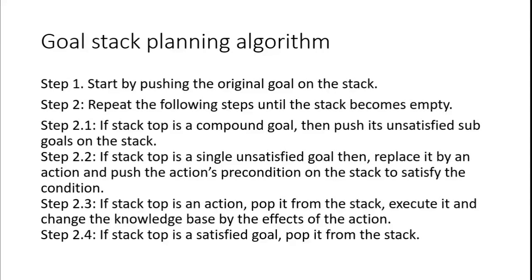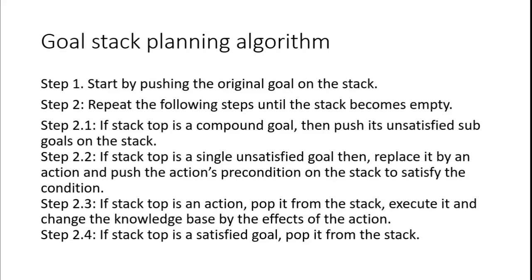Suppose the original goal has been pushed onto the stack, so the top of the stack contains the original goal itself at the beginning. If the top of the stack is a compound goal, which can be divided into sub goals, then push its unsatisfied sub-goals onto the stack.